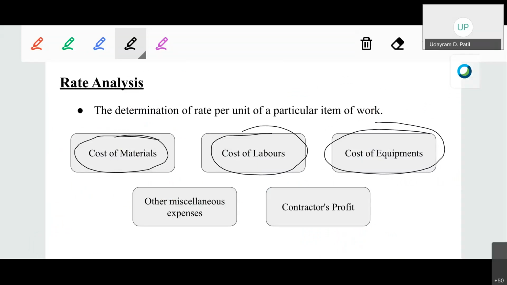Also, there might be many other miscellaneous expenses, such as taxes, and other overhead charges, such as a phone, amenities to the particular labors, or storage facility for the materials. All of these factors we have to consider. We have to consider the cost of those other miscellaneous expenses also, as well as the contractor's profit.